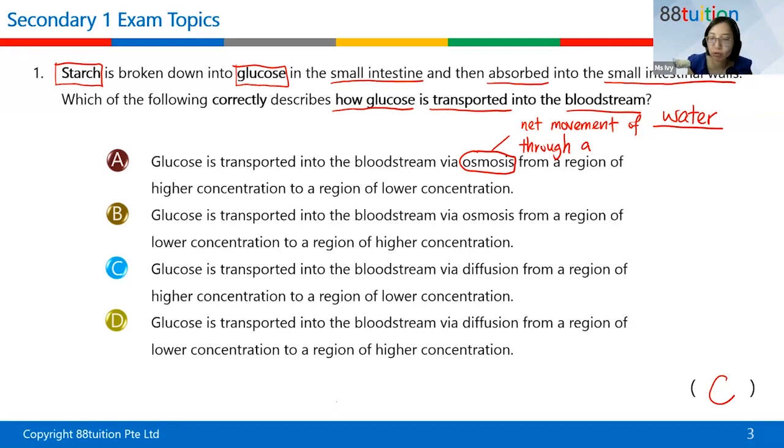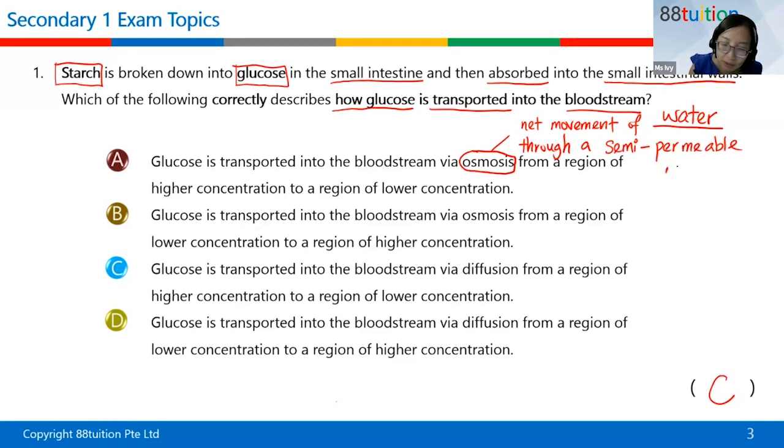Aaron, yes. Through what kind of membrane? Reverse osmosis. Louder. Your voice got cut off again. Reverse osmosis. Reverse osmosis is the opposite of osmosis, but I'm talking about the membrane. What kind of membrane? Semi what? Permeable.